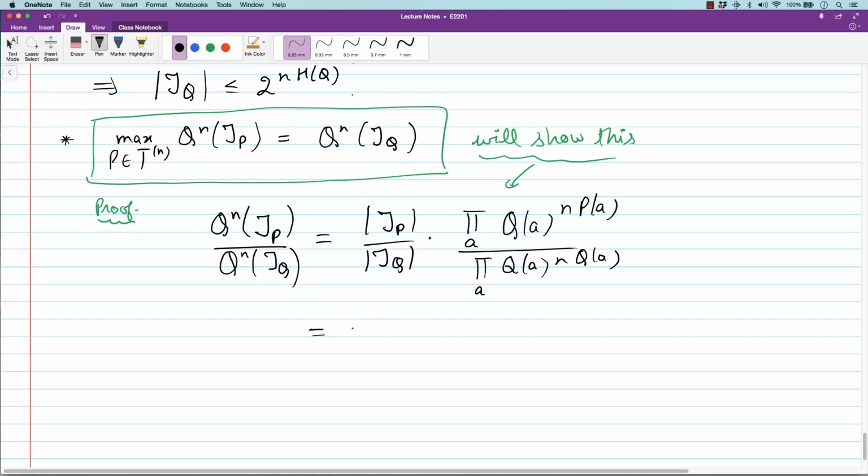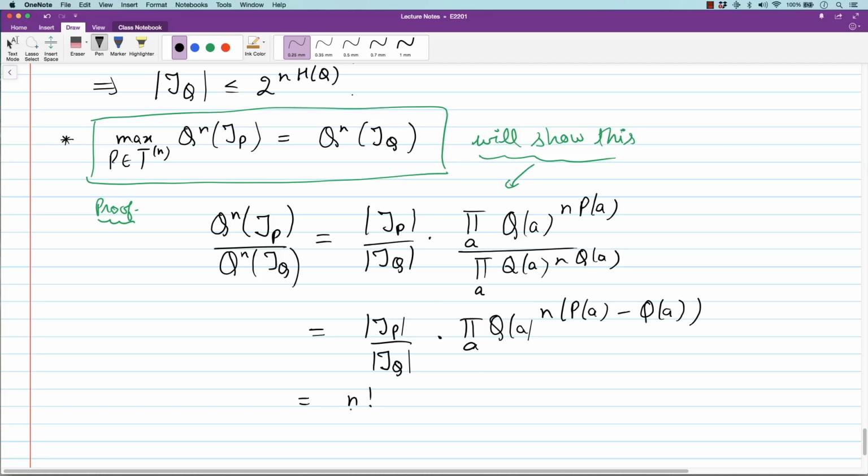Okay. So let's look at this guy, |T_P| by |T_Q| times product over a of Q(a) to the power n(P(a) minus Q(a)). How about this cardinality? This is a combinatorial problem. How many sequences are there with nP(a1) a1s, nP(a2) a2s, nP(a3) a3s? How many sequences are there?